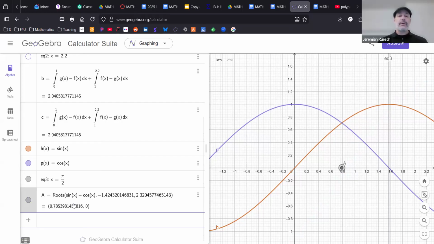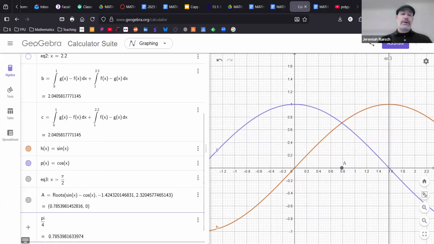I don't have to do it that way, but if I wanted an exact value, this happens to be pi over 4. On the unit circle, it's where the x and y values are the same. Does that make sense? So it's at pi over 4 for an exact value, and that's going to be my lower limit of integration.